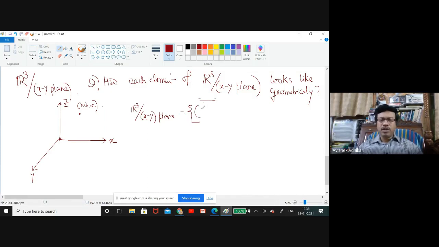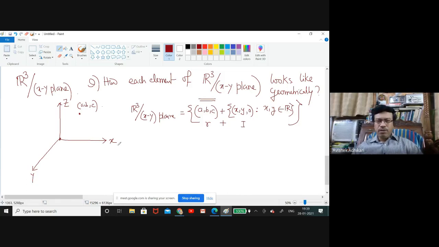An element of R3 means some A, B, C plus the XY plane. If we write it in set theoretic notation, it looks like (x, y, 0) such that x, y belongs to R. Okay, so that's the notation for this. So this is kind of R and this is kind of I. So this is R plus I in our notation.